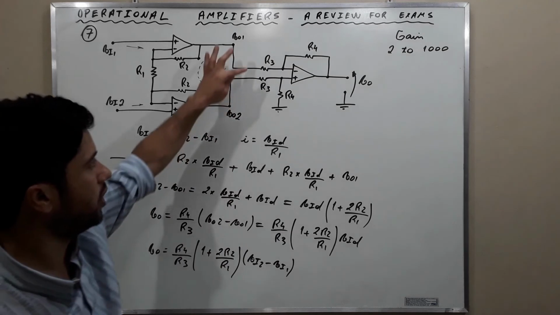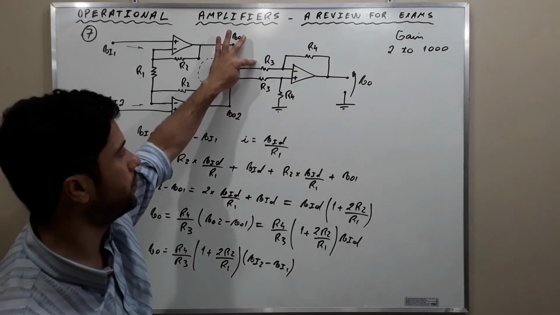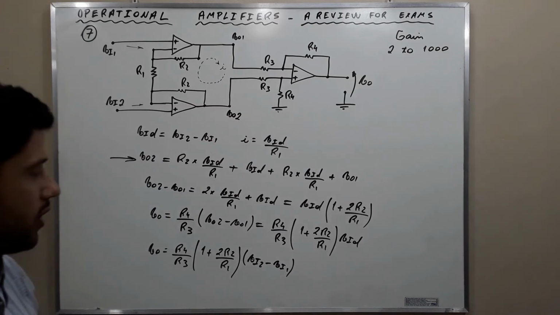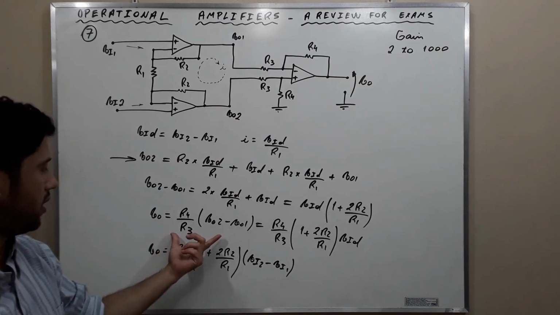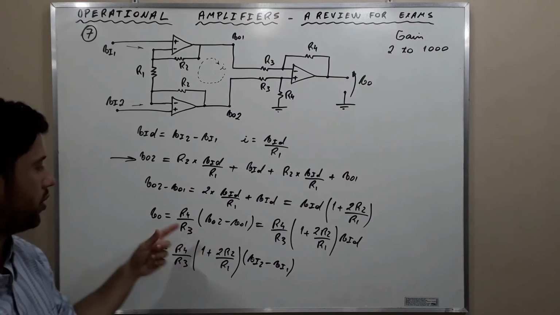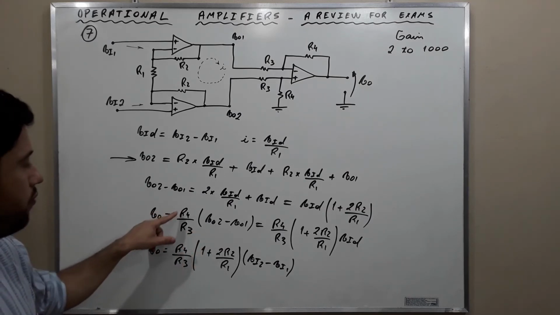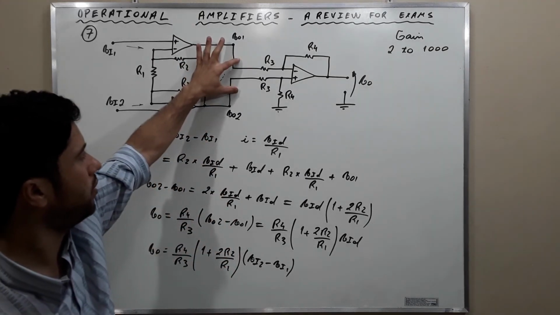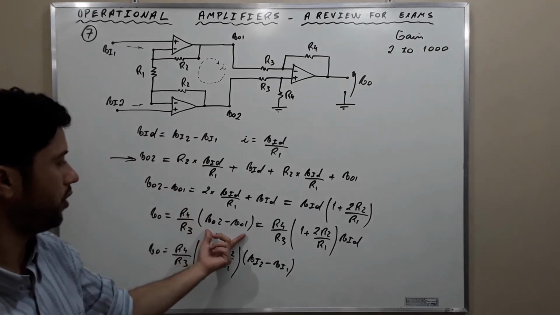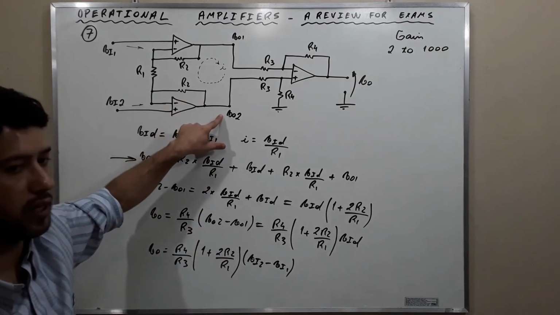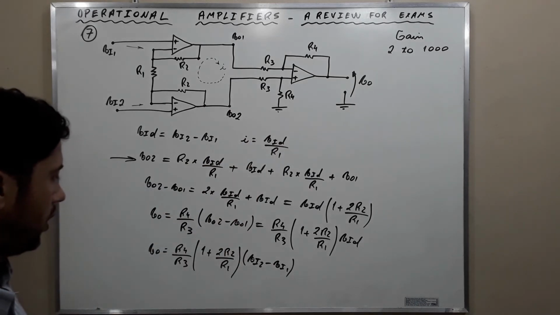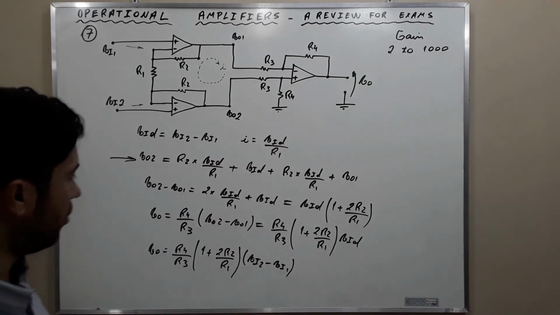Observe that all of the resistors here are equal to each other, and whenever this happens, the output voltage is going to be the ratio between R4 and R3 times the difference between these two signals that are the output of this stage but the input of the second stage. All right?